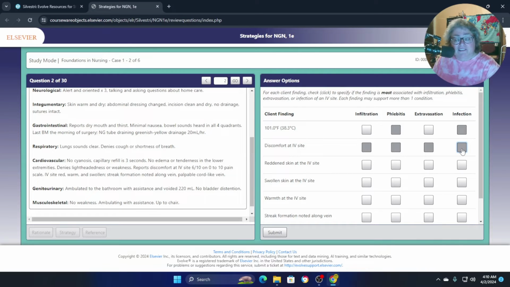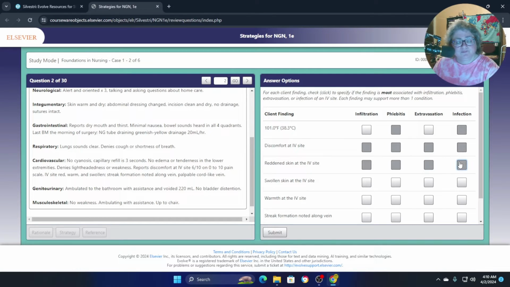A reddened skin at the IV site. Could it be red due to infiltration? Yes. Phlebitis? Yes, I would think so. Extravasation? Yes. Infection?